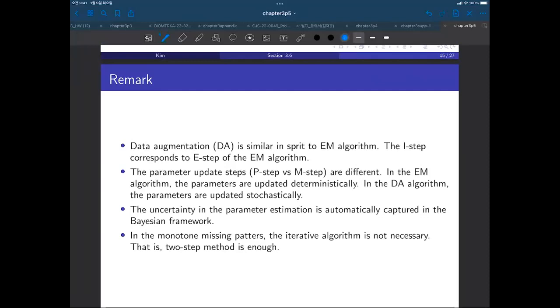But here's a big advantage: the uncertainty in the parameter estimation is automatically captured in the Bayesian framework. That's what Bayesians are really proud of, because data augmentation gives the uncertainty of the parameter through the posterior distribution. So there are two uses.